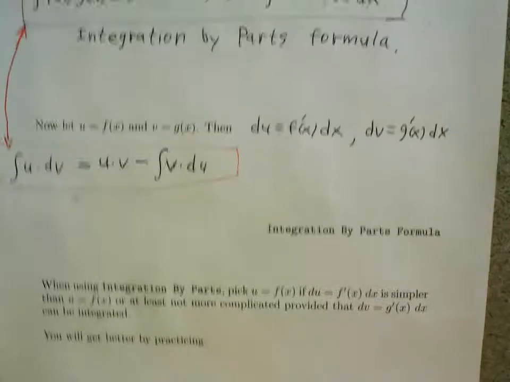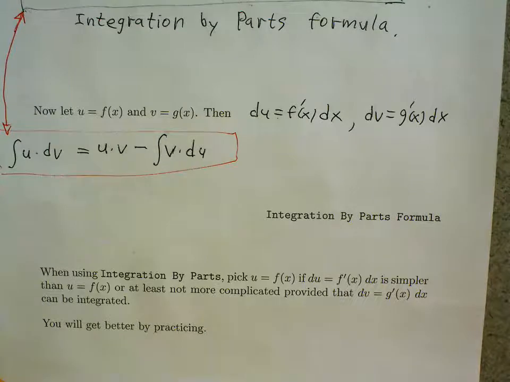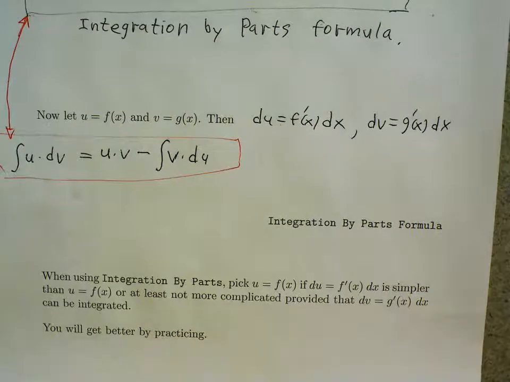When using the integration by parts formula, a general strategy is to pick u equals f of x if the derivative, f prime of x, is simpler than f of x.